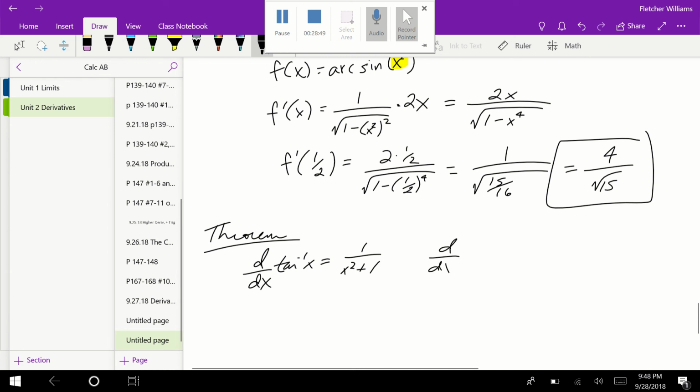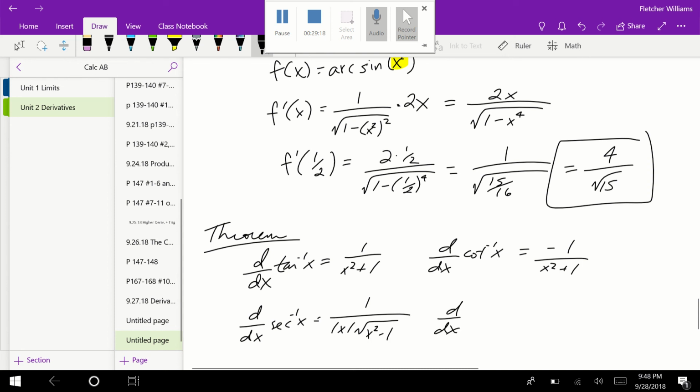Cotangent works out to be just the negative of that. Derivative of inverse secant, a little weird. It's 1 over absolute value x times root x squared minus 1. And then the cosecant, it'll be just the opposite of that. Just the negative of that.